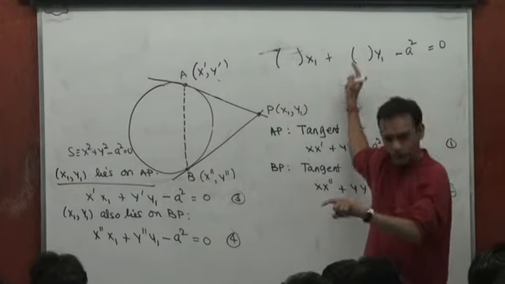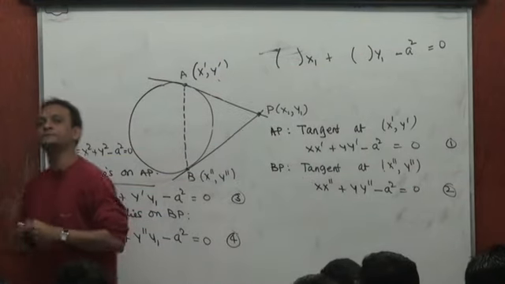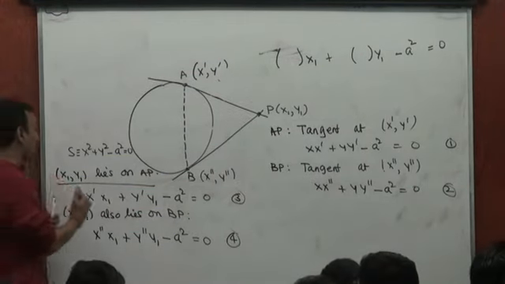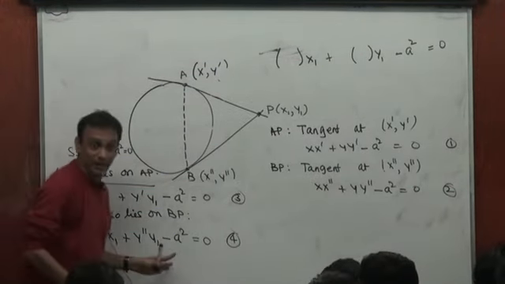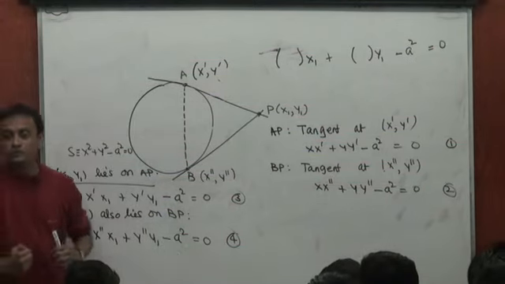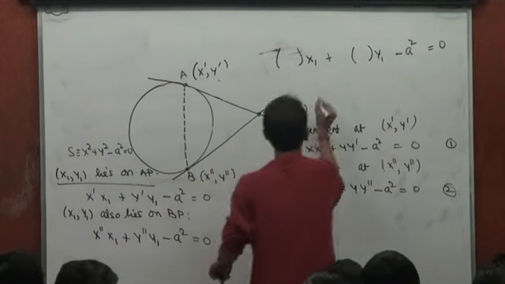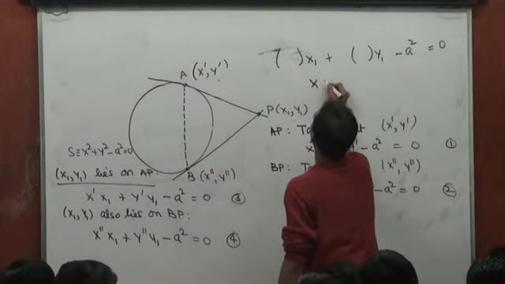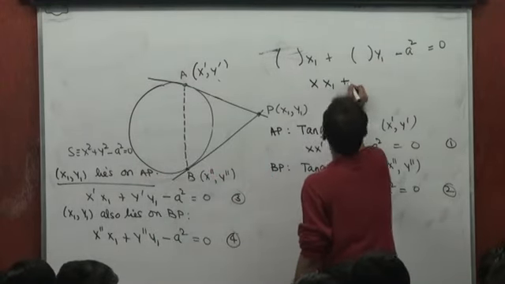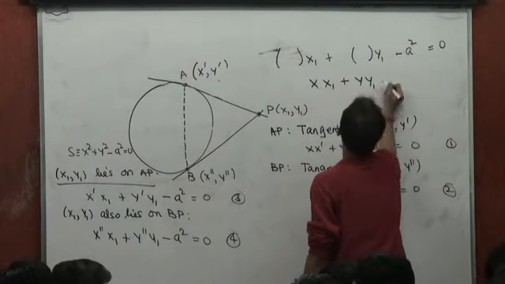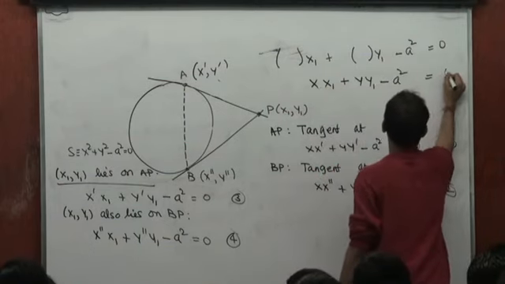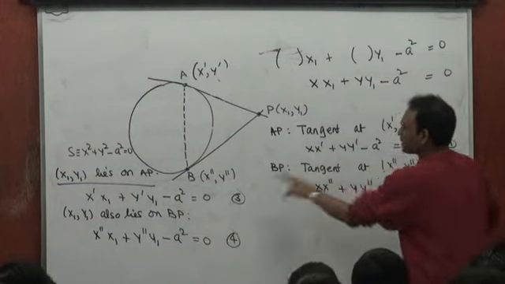So what we do is, to accommodate both x prime, y prime and x double prime, y double prime, we create a representation of the following kind: x x1 plus y y1 minus a squared equal to 0. What is equation 3?